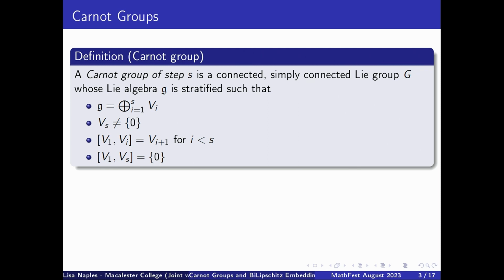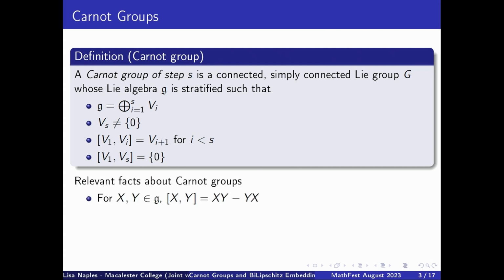If we take the Lie bracket of V1 with Vi, we get Vi+1 as long as i is less than s. And if we take the Lie bracket of V1 with Vs, then we get the trivial element. So a couple of relevant facts about Carnot groups. First of all, this is what the Lie bracket is for elements in the Lie algebra.